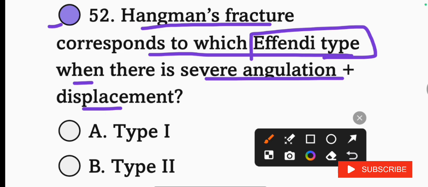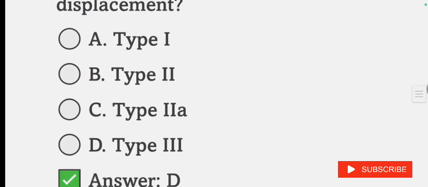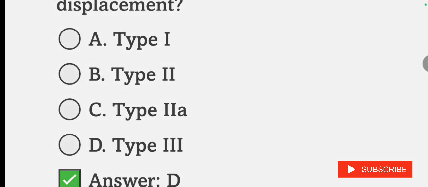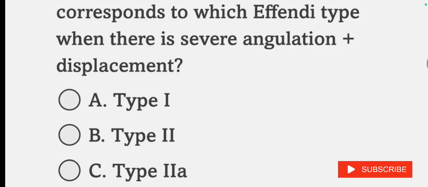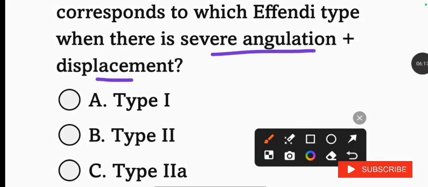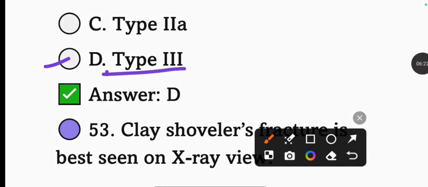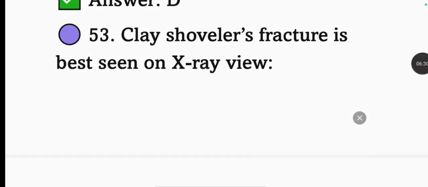Type 1 is minimal displacement, type 2 is displacement plus angulation, type 2A is severe angulation only, and type 3 is severe angulation with severe displacement. So the question asks about severe angulation with displacement, so option D, type 3, is the correct option. Okay, now clear. Now come to the 53rd question.